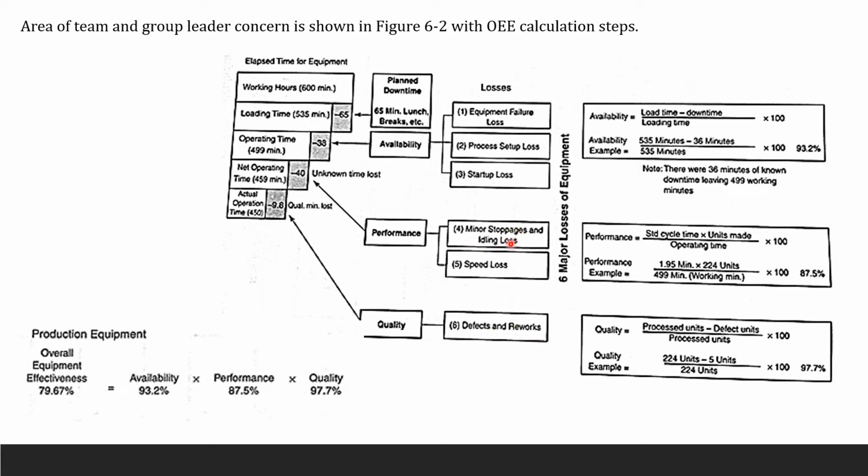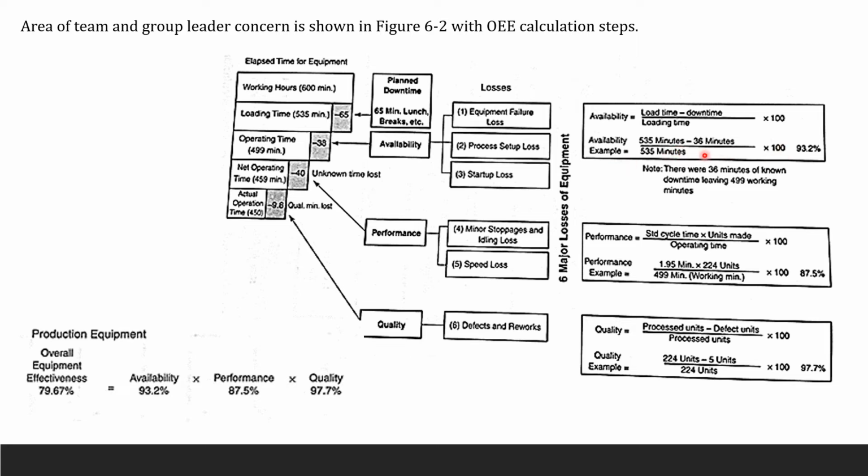Performance again: all these factors that we looked at in the previous diagram are accounted for in these losses. These losses are the concerns of the area team and group leader, and they always pay attention to them. Then when you calculate it, you get availability. That's just an example.